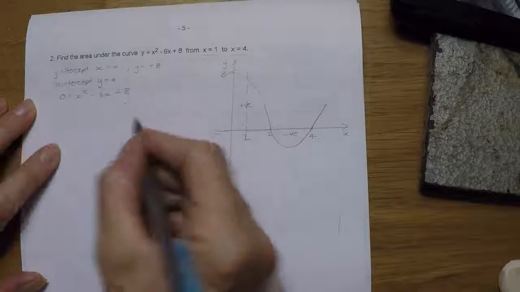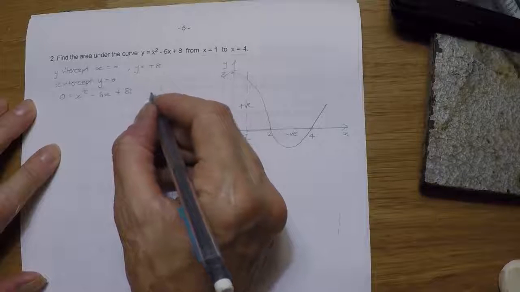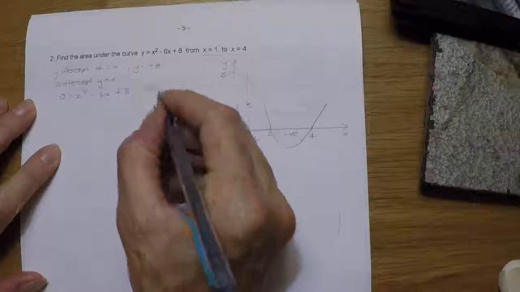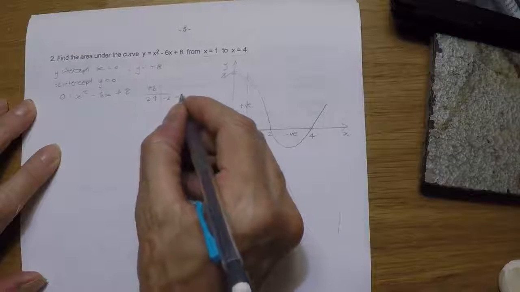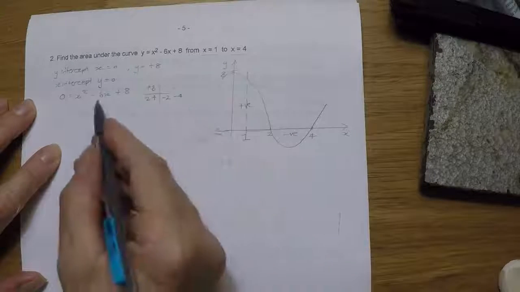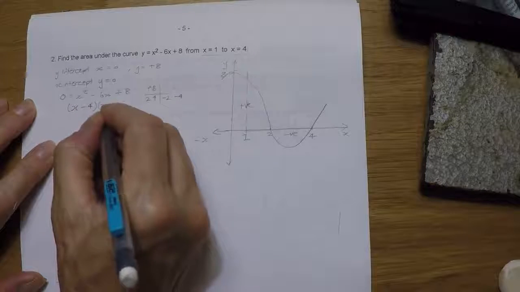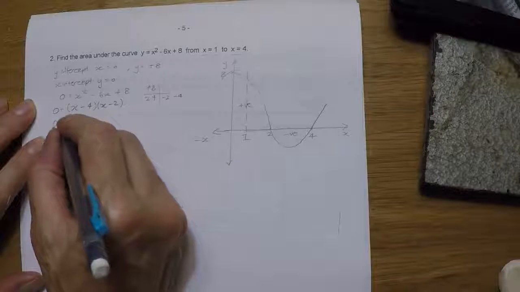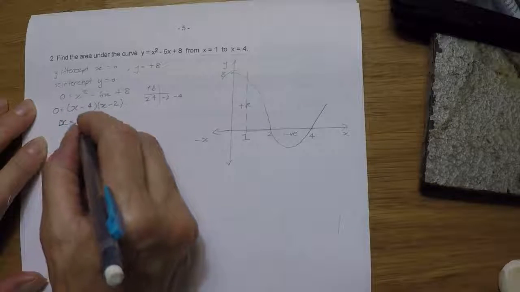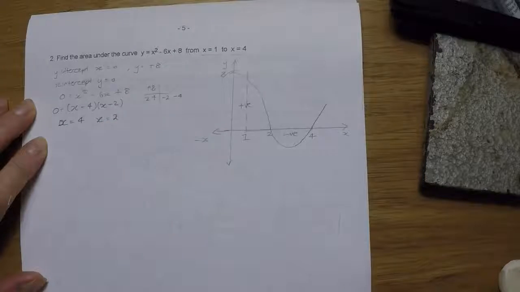If I factorize this using the T method, positive 8 has factors of 2 and 4. If I make them both negative, I end up with negative 6, so I'm happy. (x minus 4)(x minus 2). Given the null law, x is equal to positive 4 and x is equal to positive 2.